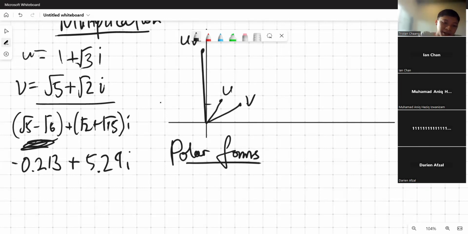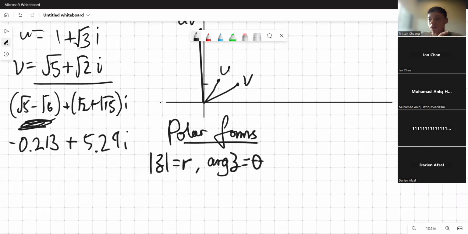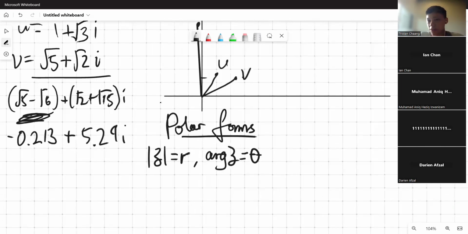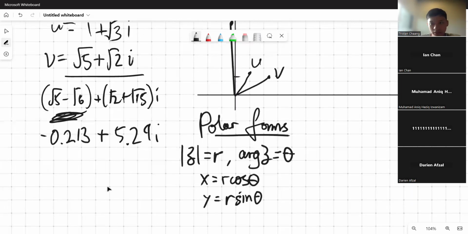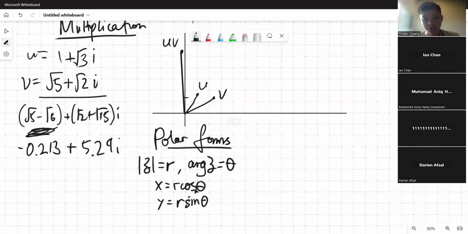So if the magnitude of a complex number is r and the argument is theta, then you might recall from polar coordinates or trigonometry in general, the x coordinate is always r cos theta and the y coordinate is always r sine theta. If you've learned trigonometry, you should know this.